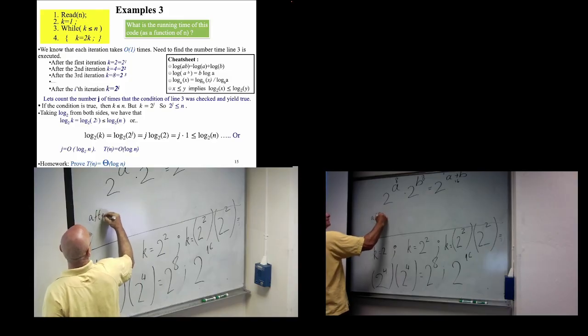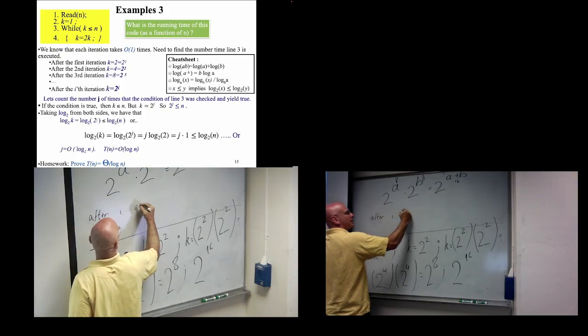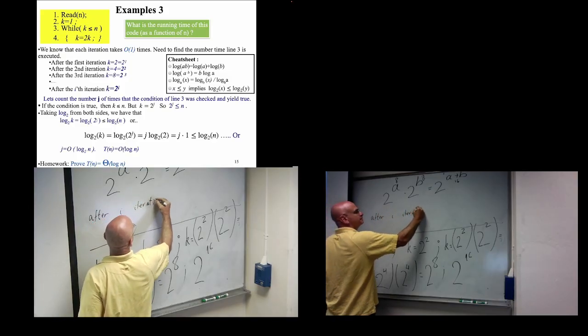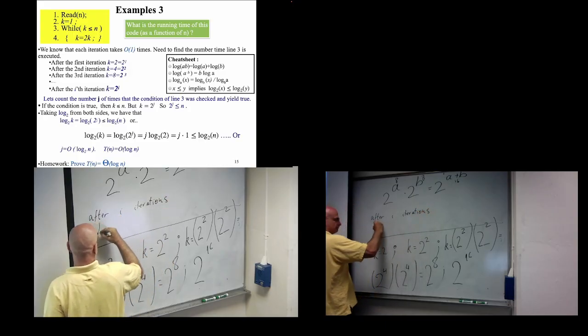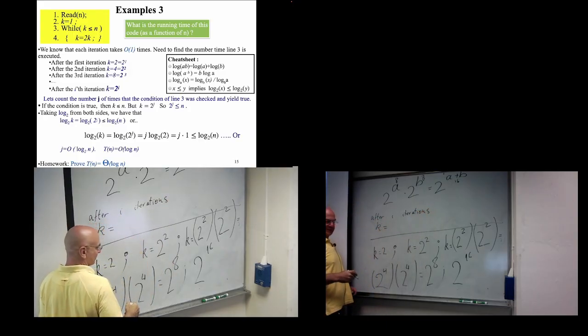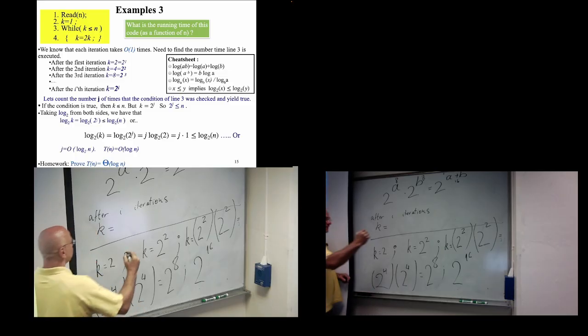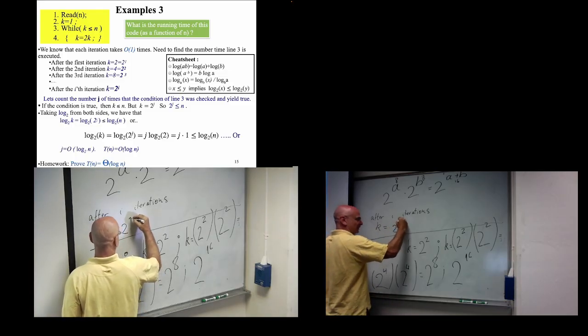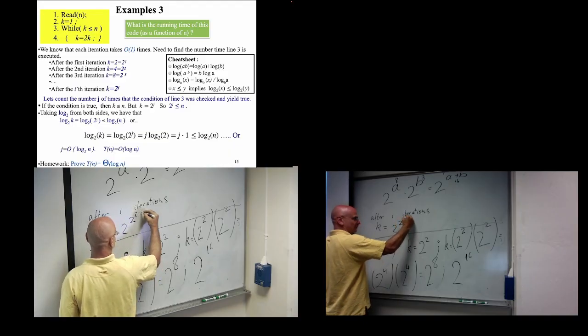So after i iterations, k equals 2 to the power of 2i.